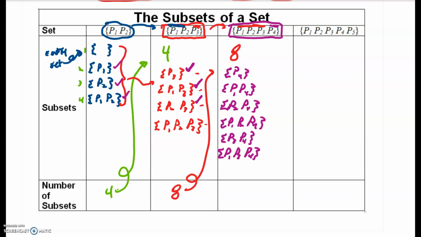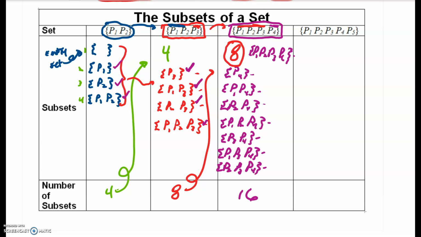The set with players 2 and 3, we can add player 4. And then finally, the set with players 1, 2, and 3, and we can add player 4. So we have these 8, plus 1, 2, 3, 4, 5, 6, 7, 8 more, for a total now of 16.